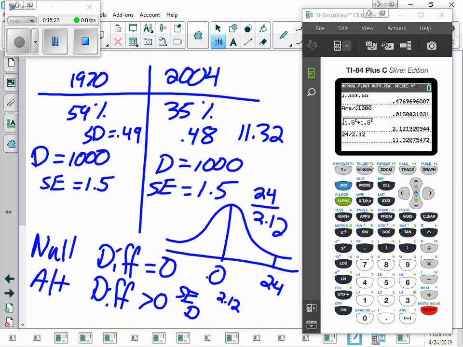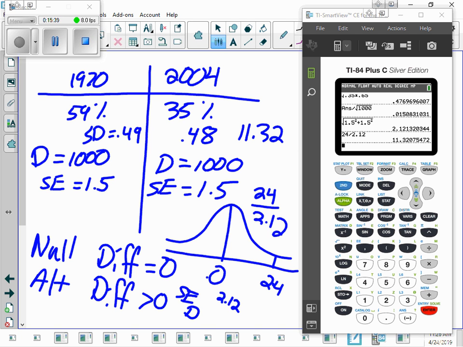In fact, it's actually bigger than 2.78?